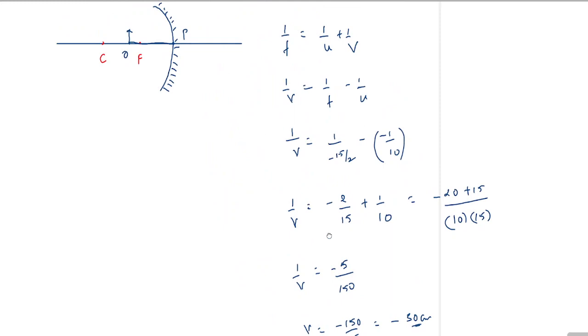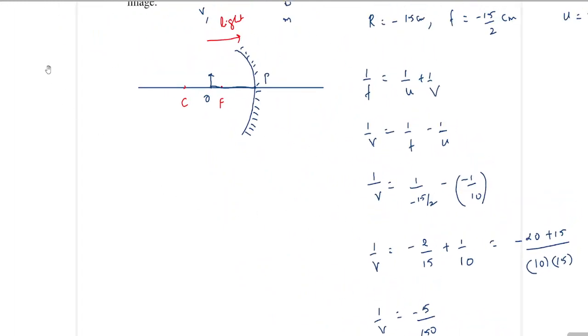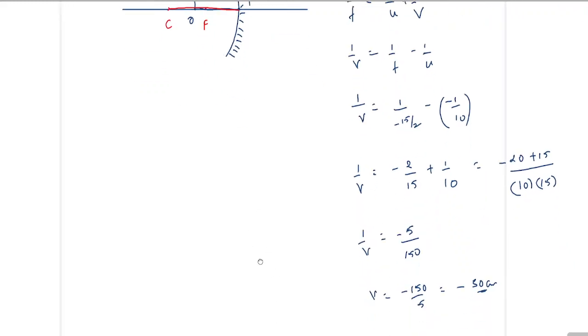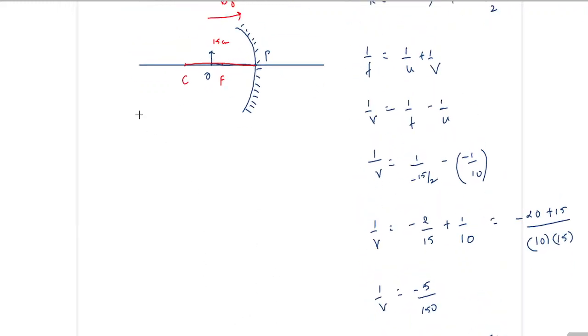Minus means that the image is formed in front of the mirror. Now the distance between P and C was 15 centimeter, but the image is formed at a distance of 30 centimeter, so somewhere here the image is formed.